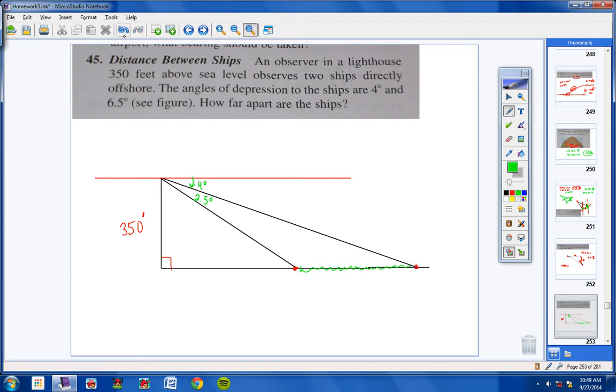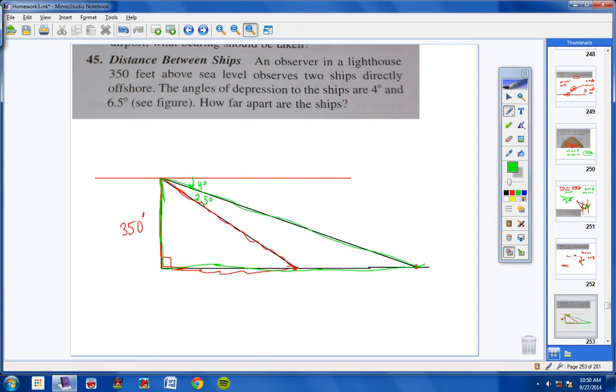Okay, now I'm seeing 2 right triangles. Students, watch carefully. I'm seeing a right triangle right here. That's my little one, okay? And I'm finding a big right triangle right here in green, all the way across to here.